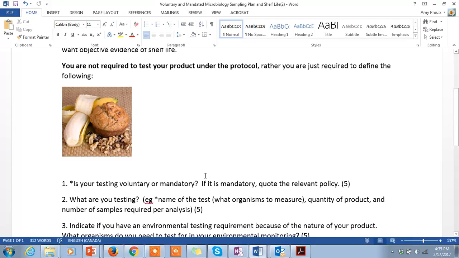Certain commodities have mandatory programs, and do make sure to go to the relevant policy. So, if you are making fresh cut salads, do not go to the meat manual procedures. Make sure you are going to the policy relevant to the Processed Products Act. If you are making dairy products, make sure you are going to the dairy regulations.